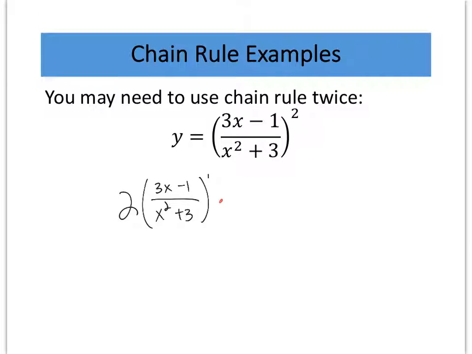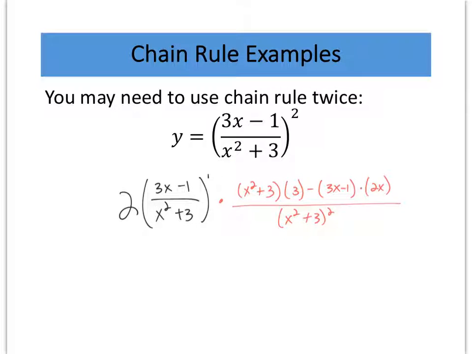Low d high, low times the derivative of the top, minus high d low, 3x minus 1 times the derivative of the bottom, 2x, over low squared, x squared plus 3 quantity squared.